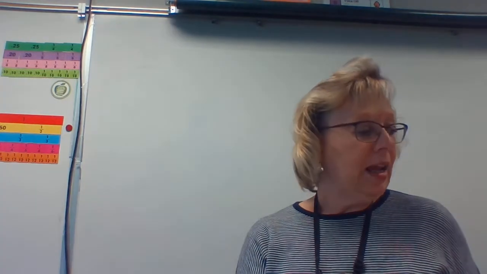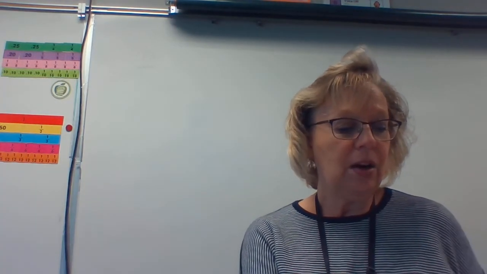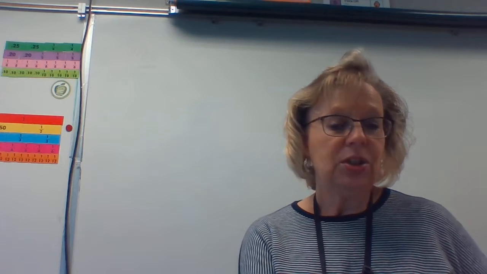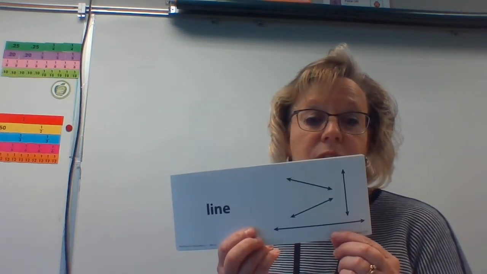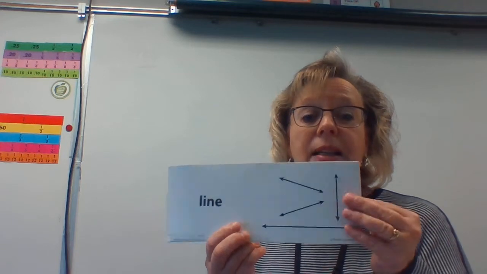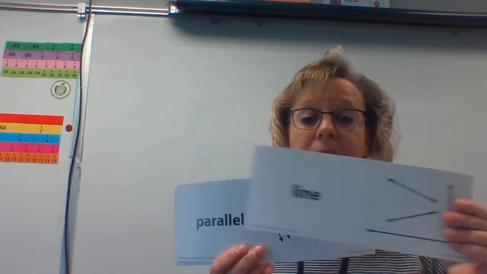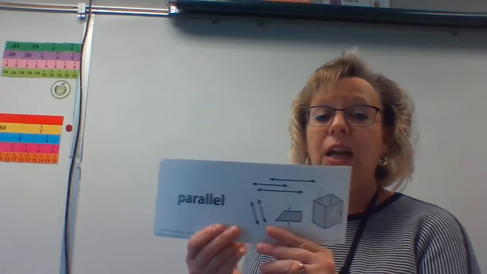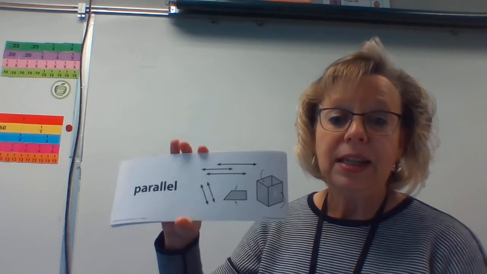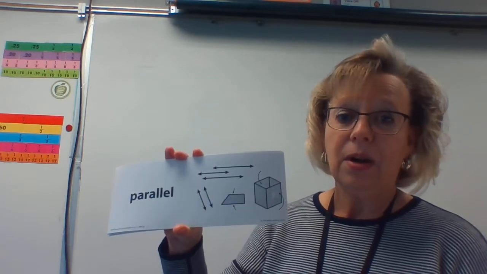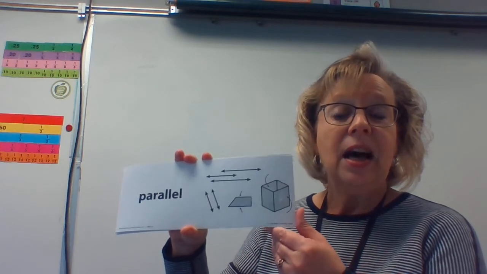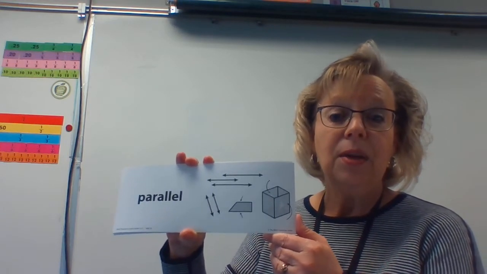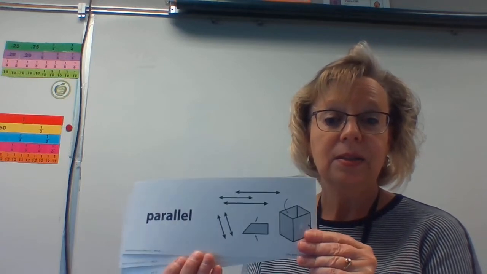Then from our angles, we went on to talk about just lines, okay? We know a straight line, which would be a 180 degree angle. Sometimes those lines came in pairs. So if we had 2 lines that were the exact same distance apart, or 3 lines, and they never crossed, they would be parallel lines.